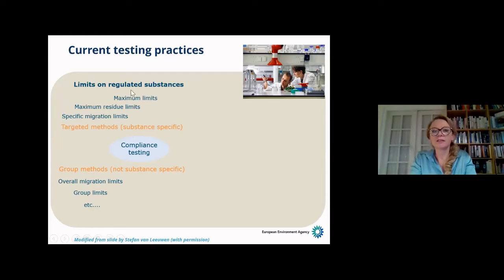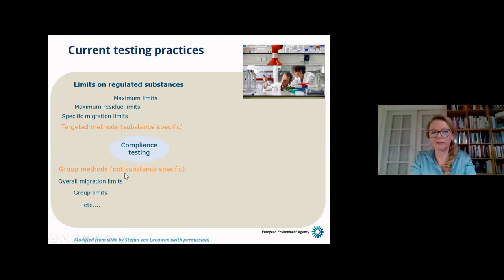And then you would set up methods depending on the type of limits, is it maximum limits or residue limits, or do you have specific migration test limits? And then you would set up targeted methods if you could get the standards for them. Or you might set up group methods if the limit was associated with that.